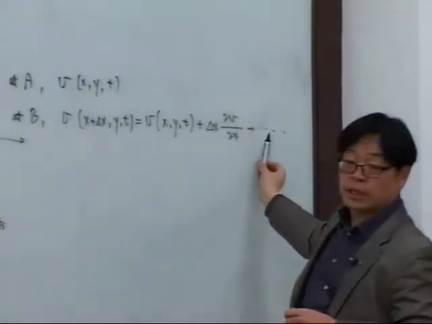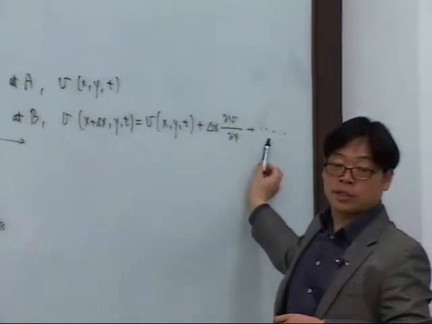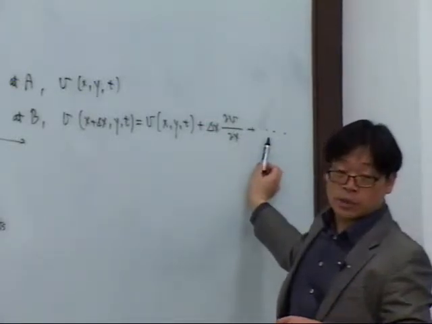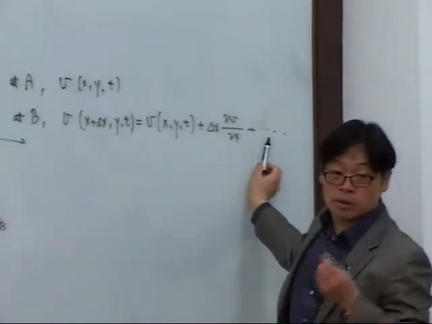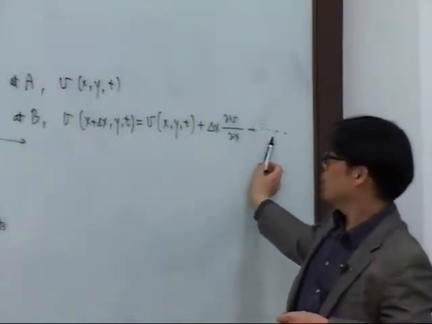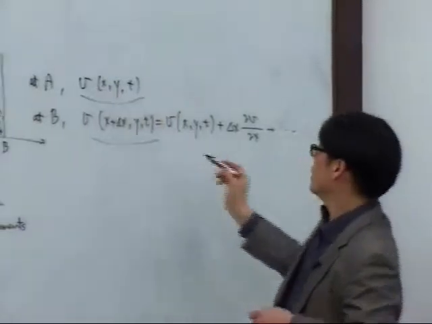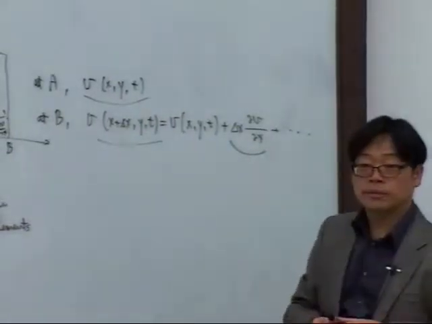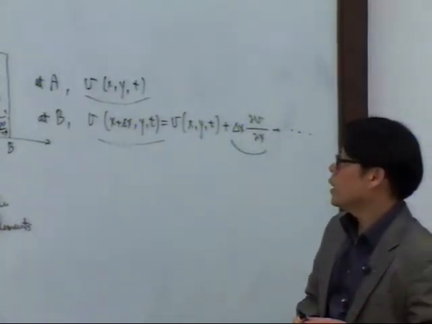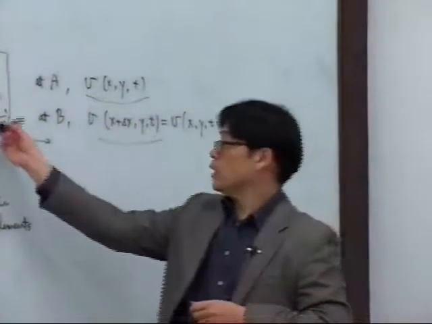The dots mean a term proportional to delta x squared, which is small because my delta x is so small. And then the difference between this one and this one is really this. Okay, and so that's the speed.